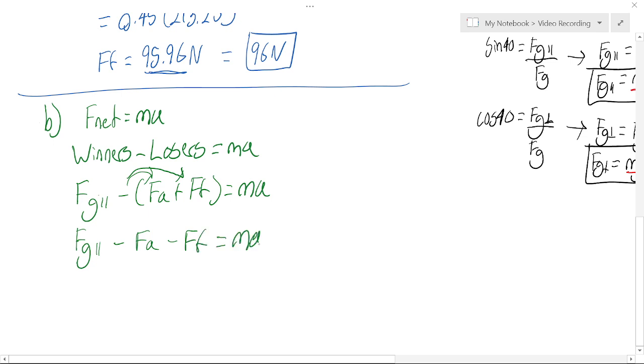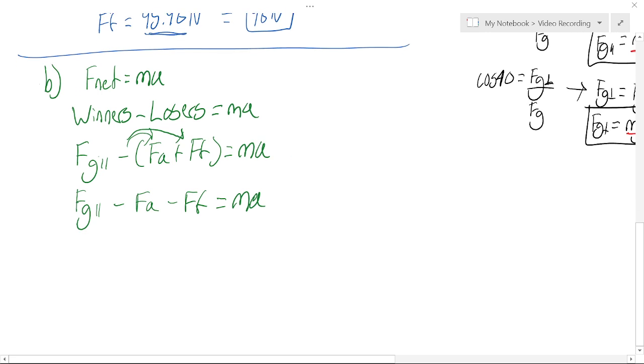You could skip straight to this step if you wanted to. So winners are positive, losers are negative is a valid representation. Now we are looking for Fa, so I'm going to go ahead and rearrange. I'm adding Fa to both sides, and I'm going to subtract ma from both sides, and I will get Fa equals Fg parallel minus Ff minus ma.